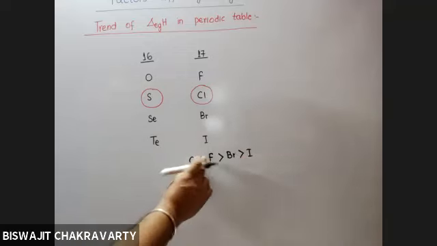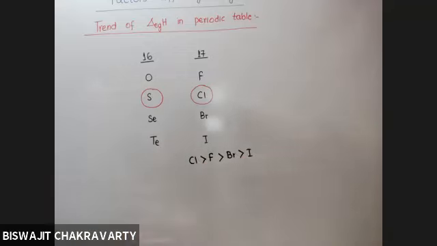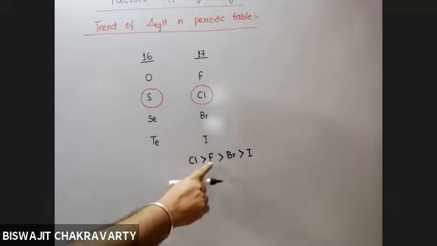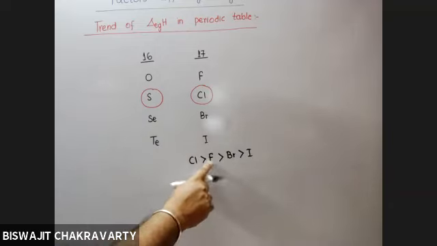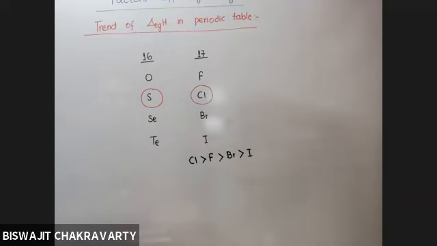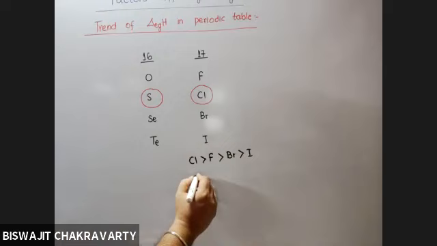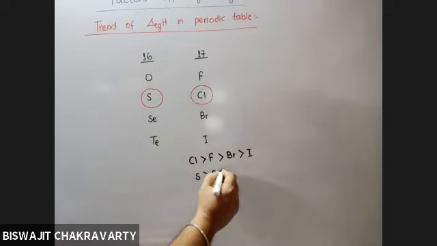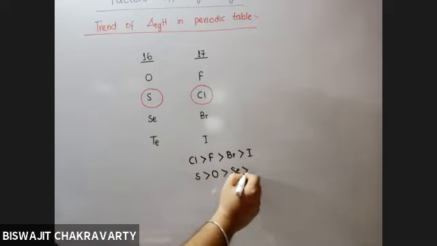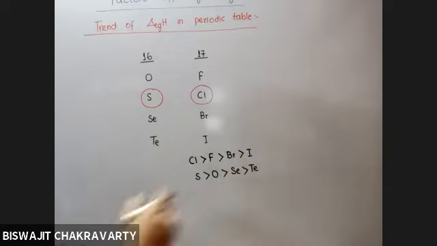So there is an exchange in the position of 1 and 2. Fluorine should have been present here, chlorine should have been present here, but chlorine is topping. Same way, sulfur is found to show greater negative electron gain enthalpy, and thereafter they are following the normal trend. Being exceptions, as I told you in the last class as well, they become very important from examination point of view.